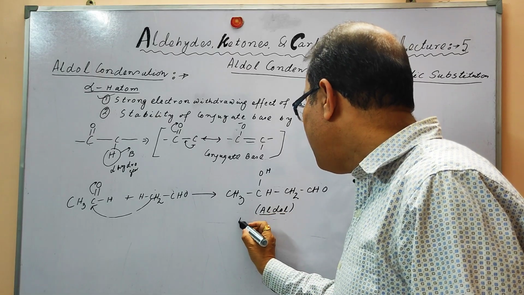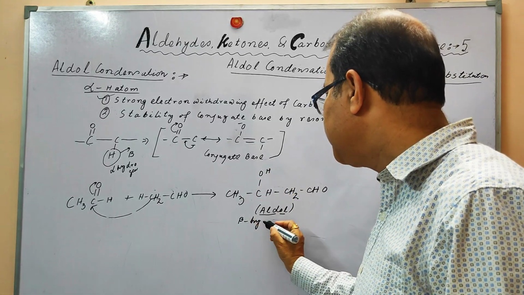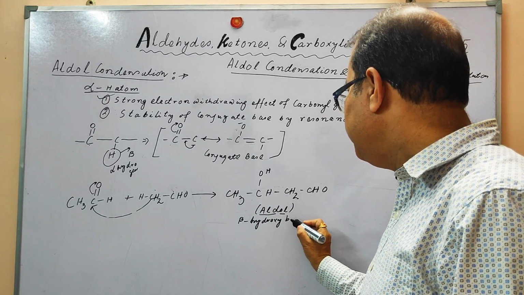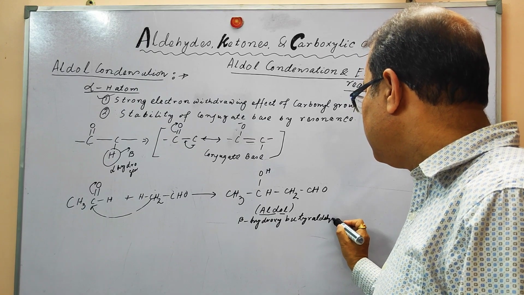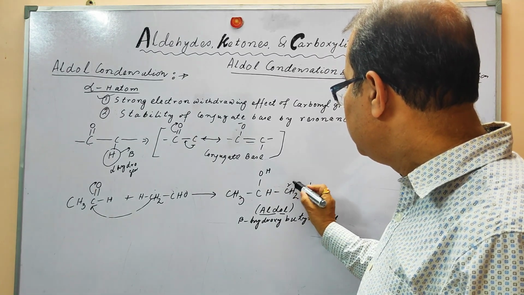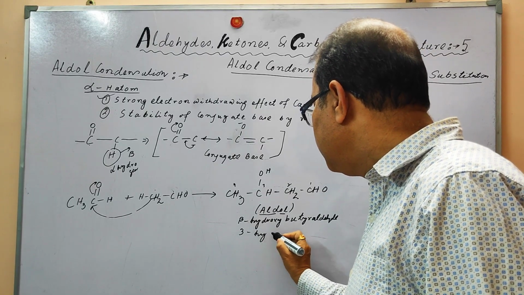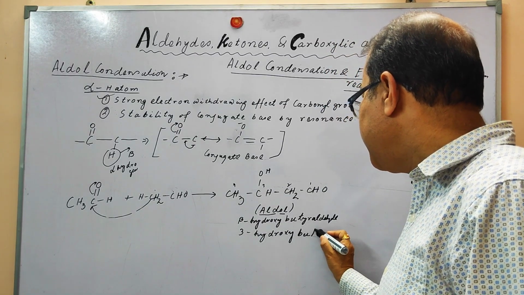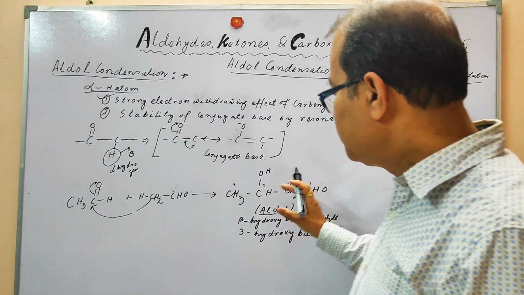The name of this compound is beta hydroxy butyraldehyde, or the IUPAC name, numbering 1, 2, 3, 4, is 3-hydroxybutanal. Okay, so this is the aldol reaction.